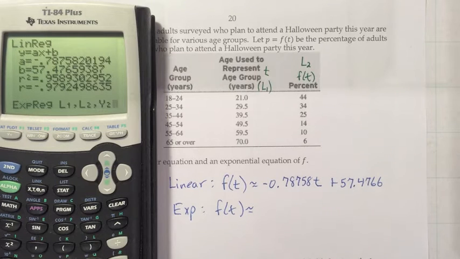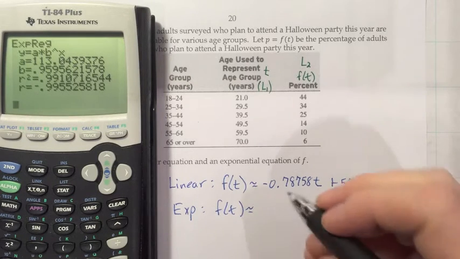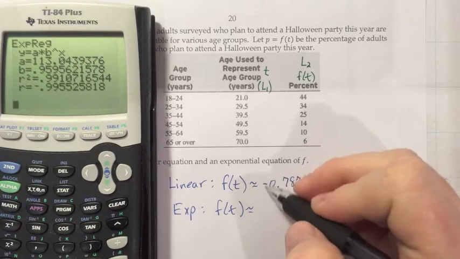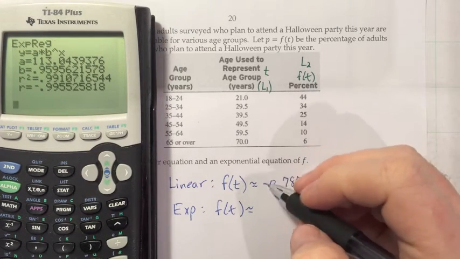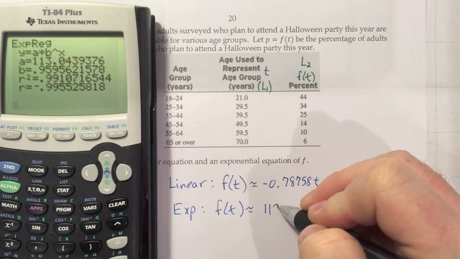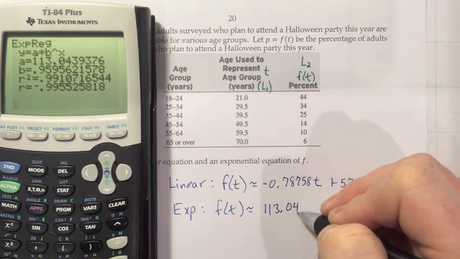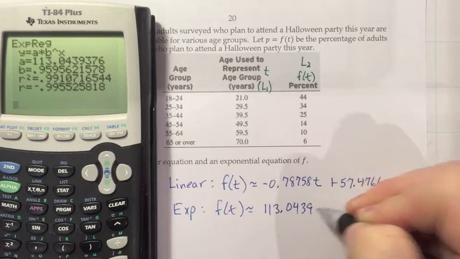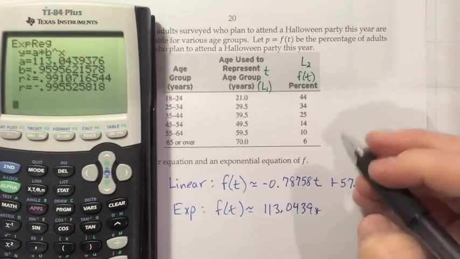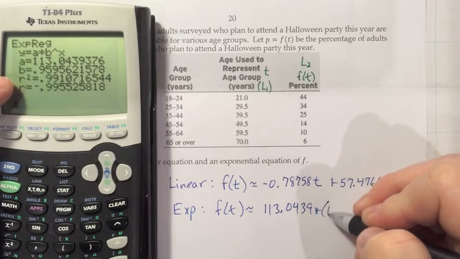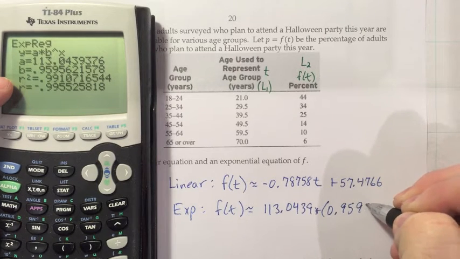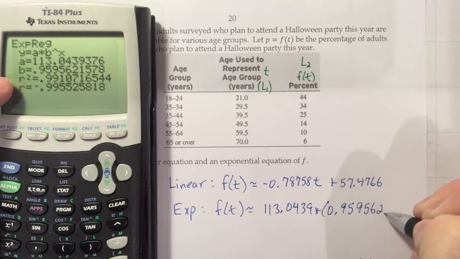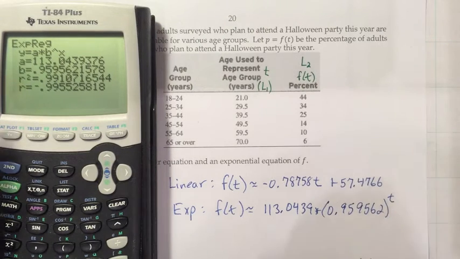So it's a little bit extra to do that, but it does get the equation stored without us having to do it. So a times b raised to the x, so a is 113.0439, and that's times the base, 0.959562 raised to the t.